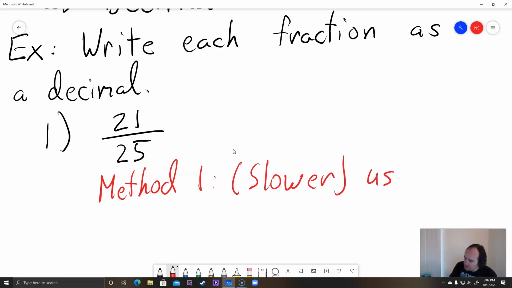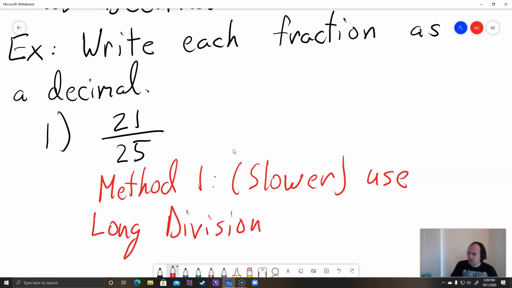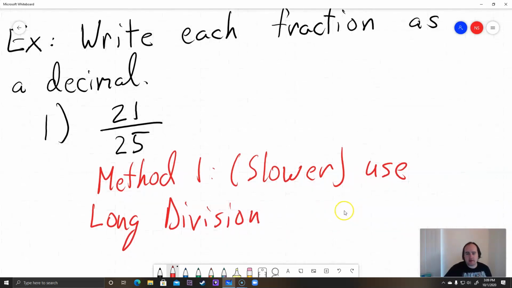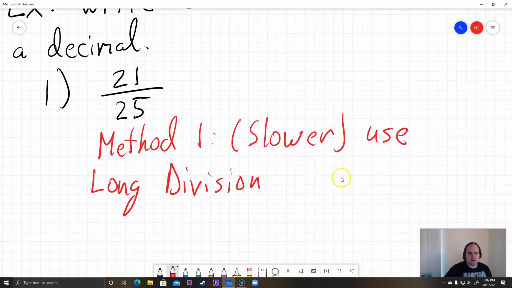We use long division. In most cases, you don't want to always do it this way because it's so slow, but this is how people used to do it before they had calculators. Okay, so I just wanted to show you how to do it.